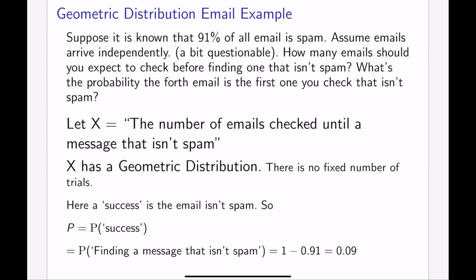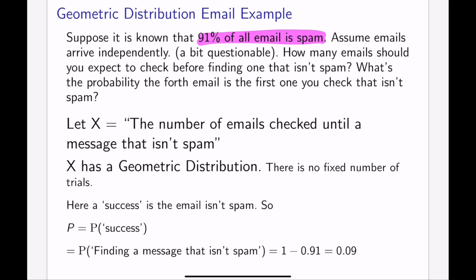So let's do an example. Suppose that it's just given that 91% of all email is spam, and we're going to assume, and we need this in order to do the calculations with the geometric distribution, that emails arrive independently. And so we might ask a few questions.